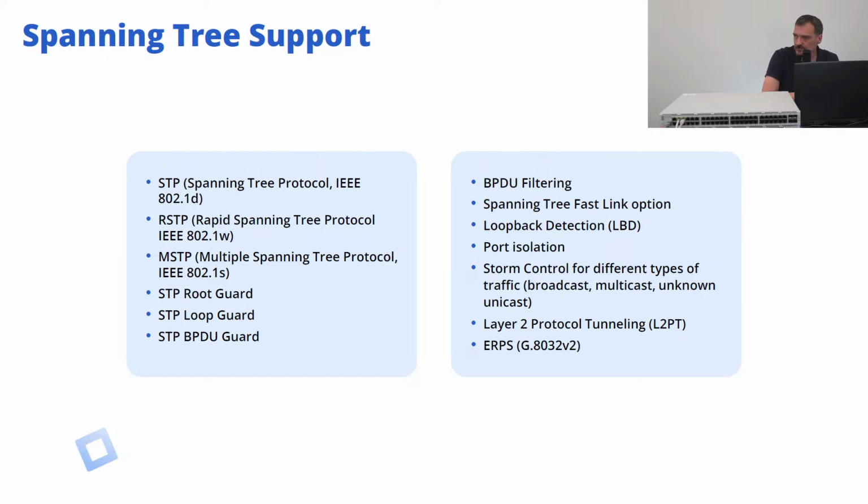By default, we're using the multiple STP, which is the MSTP protocol, and we also support RSTP. And our switches can also support the classic STP, which is 802.1D. This is the really classic one, but it is supported as MSTP working in compatibility mode with the classic STP.